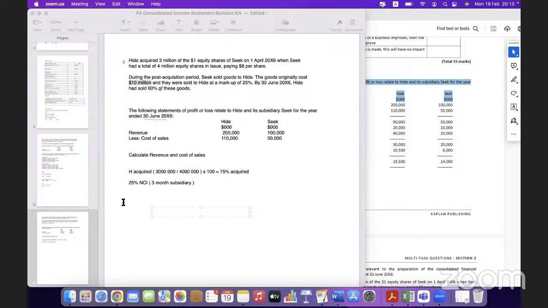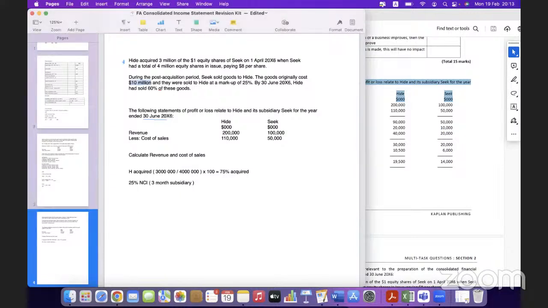Okay, right. So it's done like this. Number one. Usually, profit equals selling price minus cost. Now in our question, they were sold at a markup of 25%. Markup means that's the profit percentage. So profit is 25%.